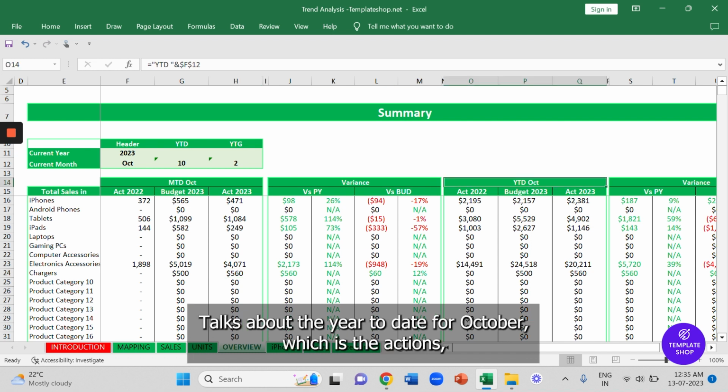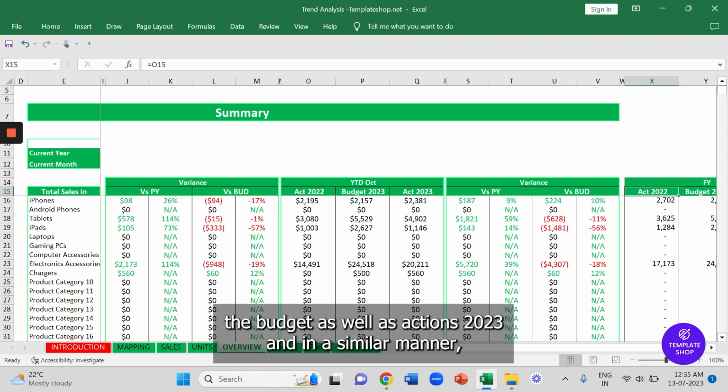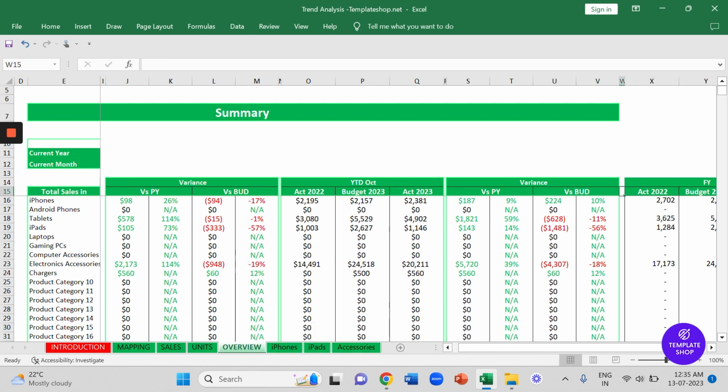Here it talks about the year to date for October, which is the actuals, the budget, as well as the actuals 2023. And in a similar manner, we have the variance versus previous year and versus the budget.